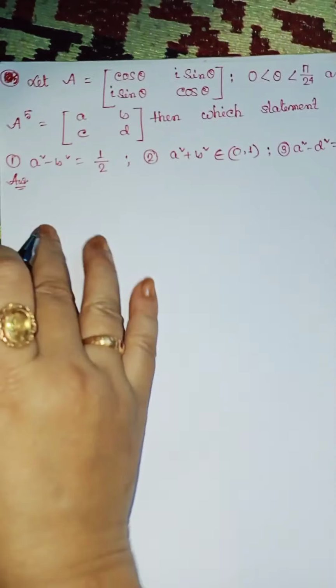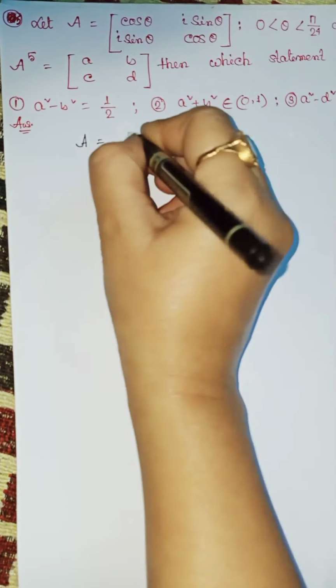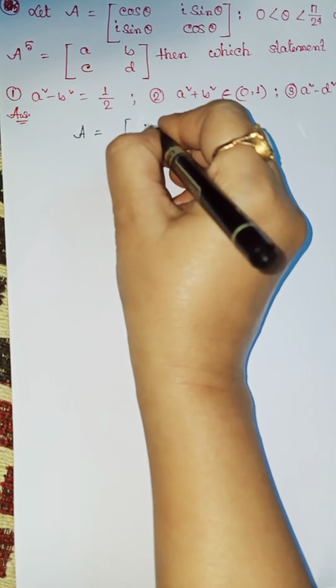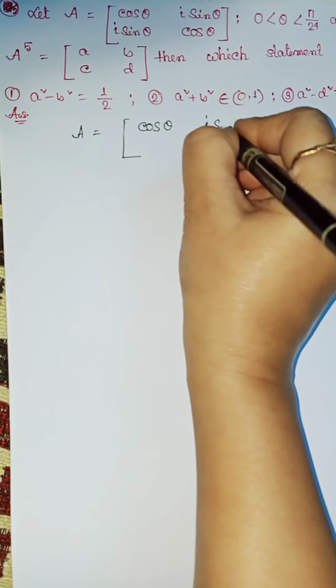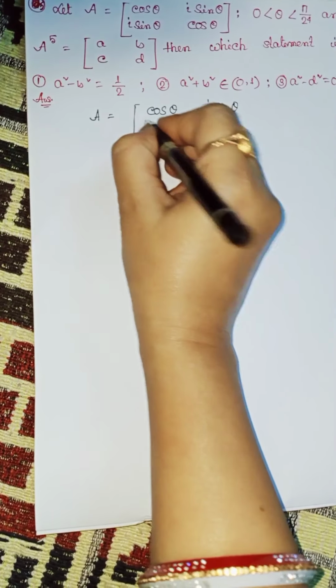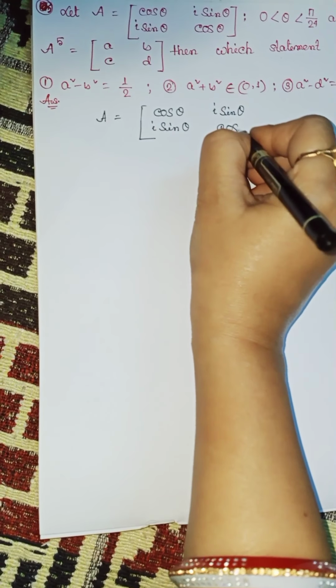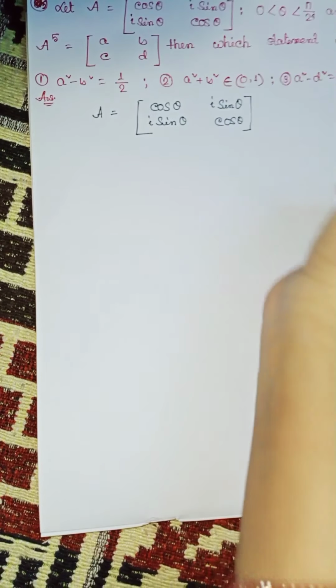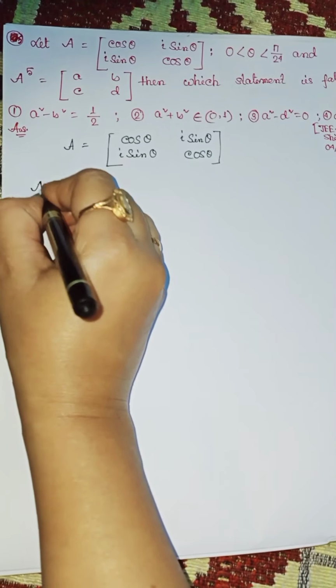Okay, so the given matrix A is equal to cos of theta, iota sin of theta, iota sin of theta, cos of theta. So we just calculate A square.